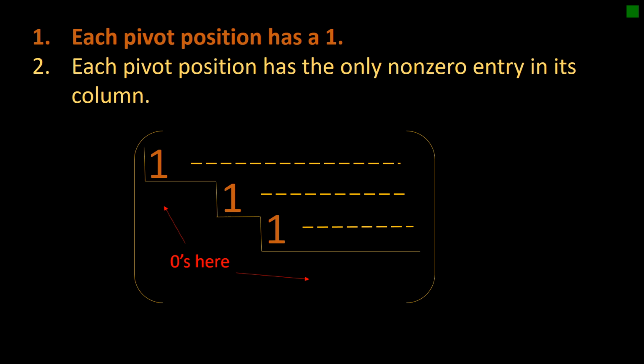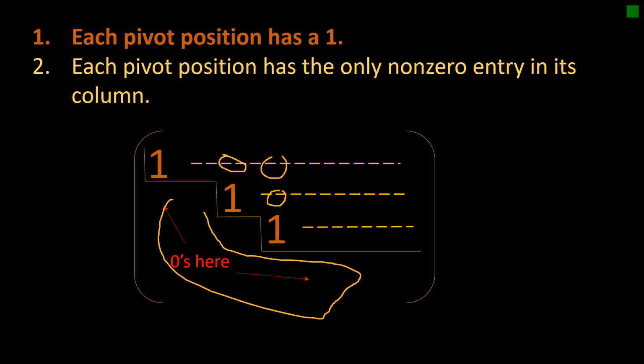Okay, but if you look, I now have some generic thing up here. It might be 0, might not be 0. I have generic things in this column up here. I have zeros all down here, right? So that's good, but I need to get zeros above my pivots.